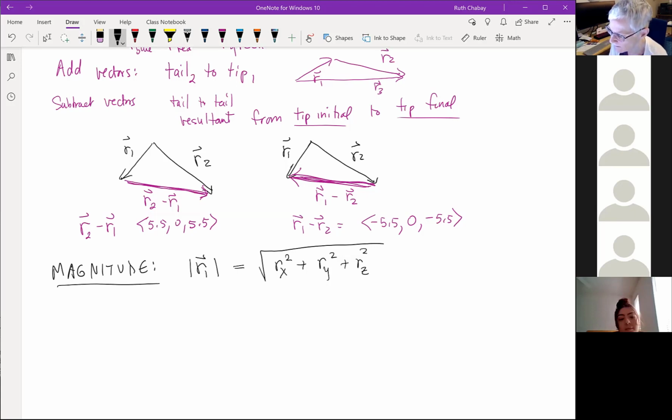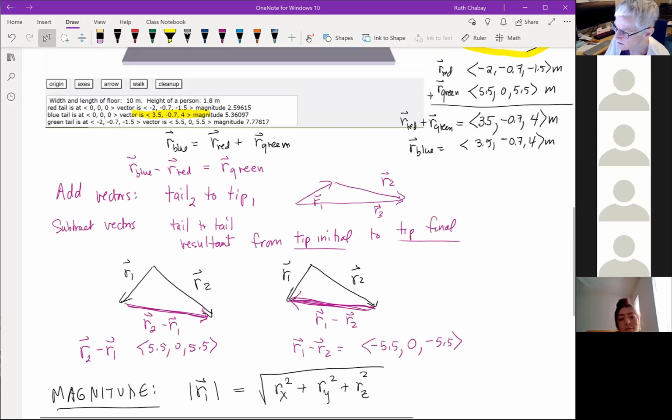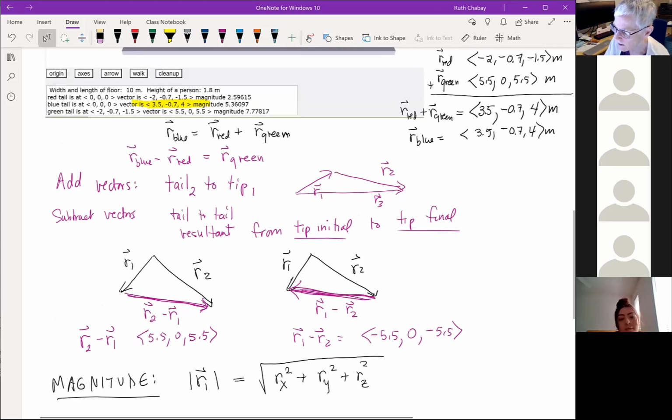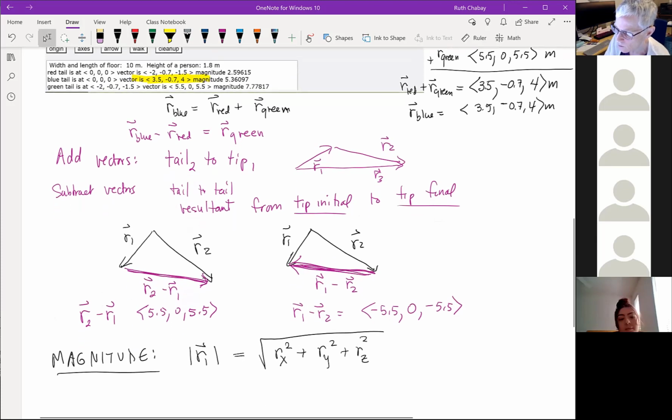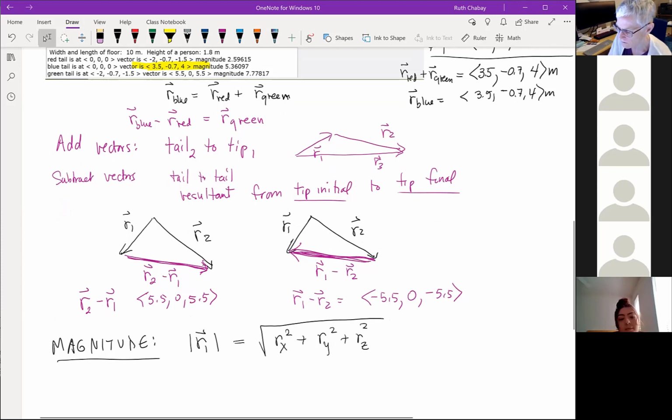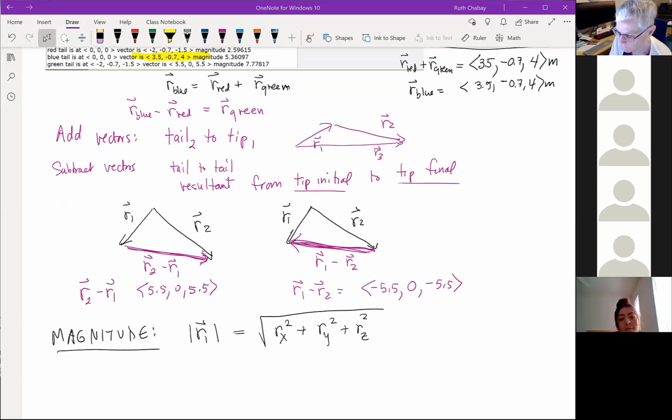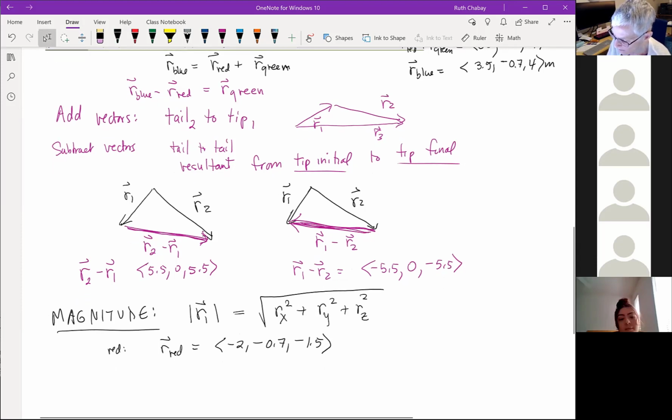So let's take one of our vectors here. Let's take the red vector, which was negative 2, negative 0.7, negative 1.5. So the magnitude of this vector is going to be equal to the square root of negative 2 meters squared.